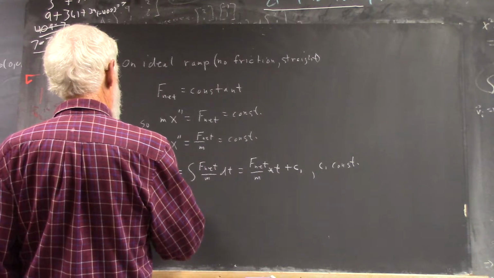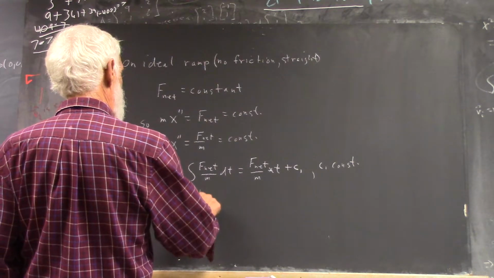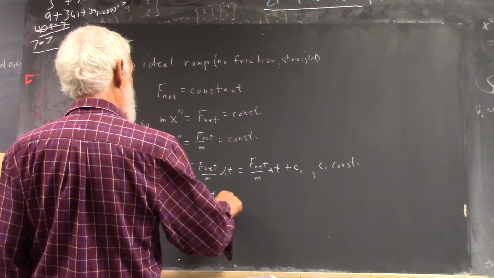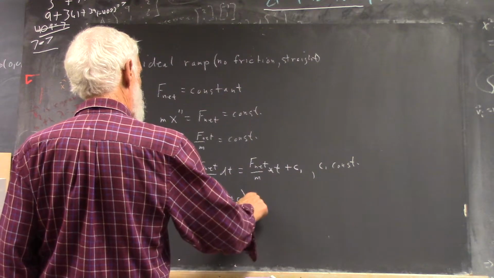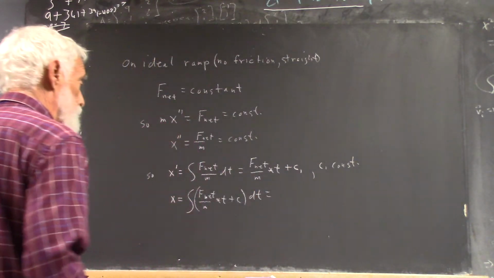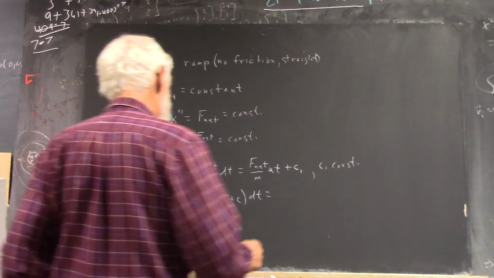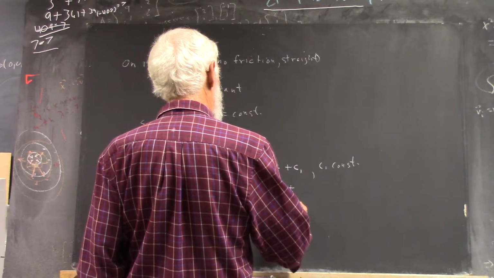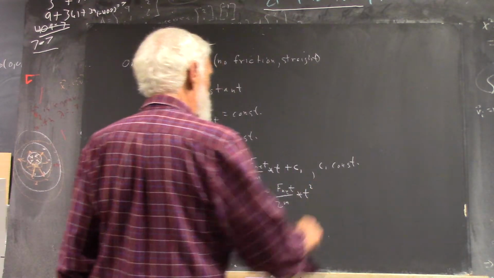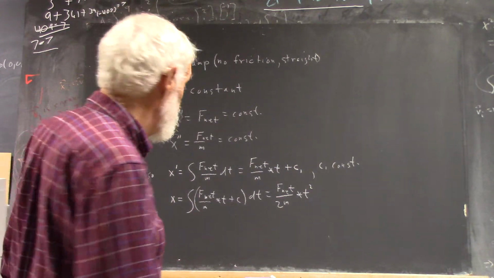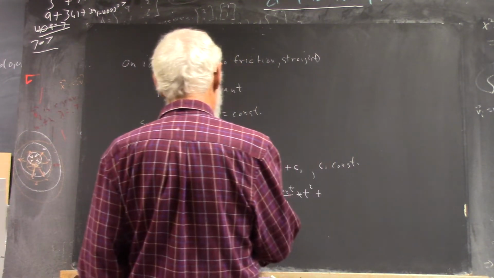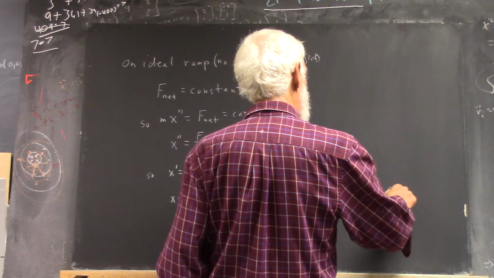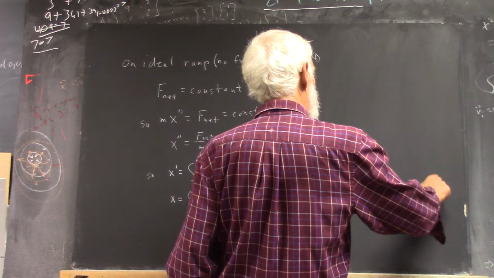And x equals the antiderivative of x prime, which is F net over 2m times t squared plus C1 t plus C2, where C2 is a constant.